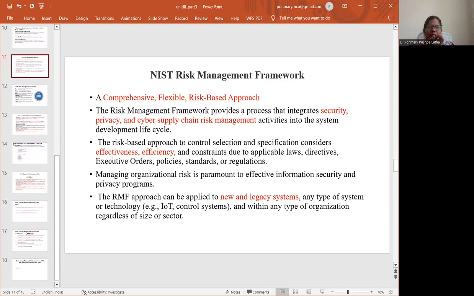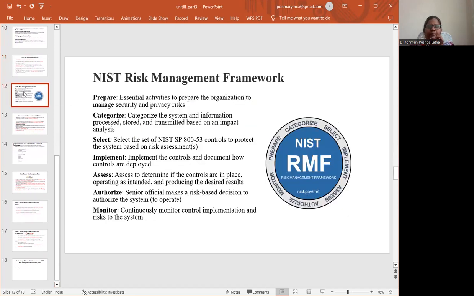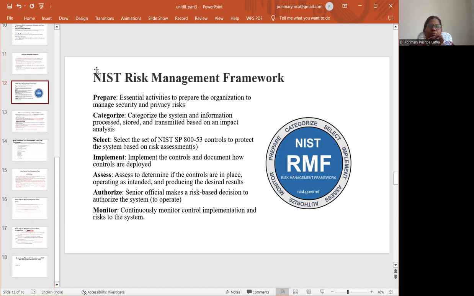And it is an effective one, and laws and regulations are followed here. So in NIST, first of all, we have to prepare. We have to prepare the organization for security.